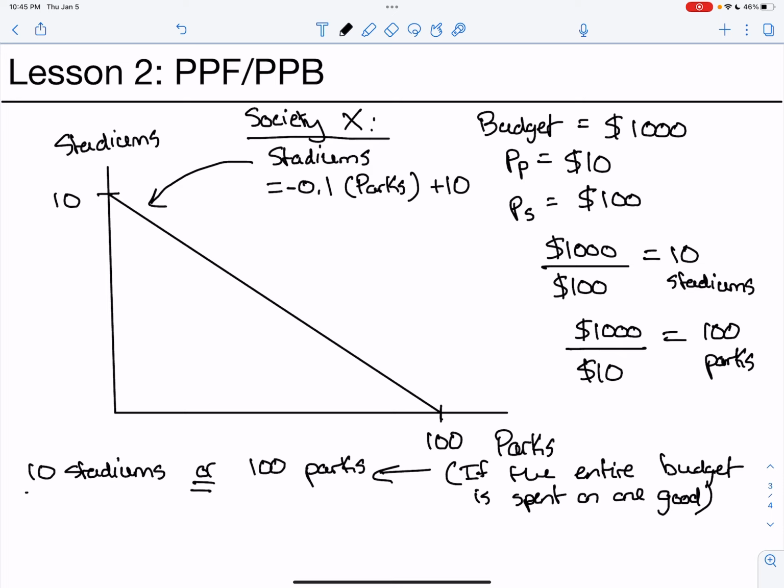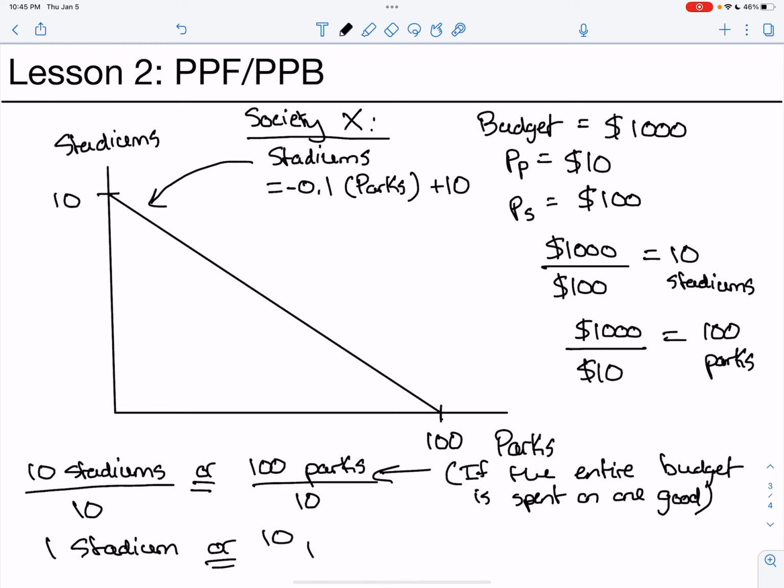If we divide number of stadiums by 10, number of parks by 10, we get 1 stadium or 10 parks. So for every additional stadium built, the society must sacrifice 10 parks.